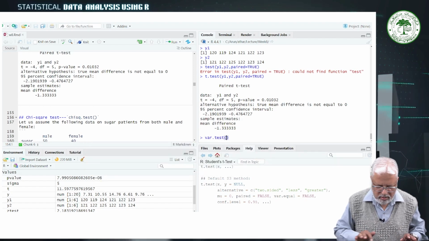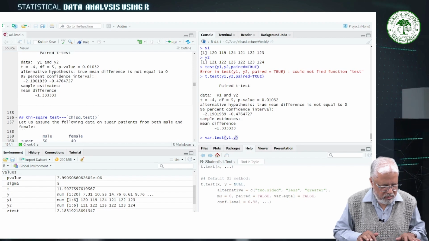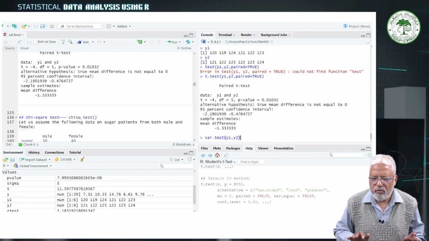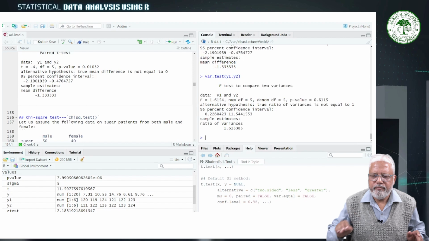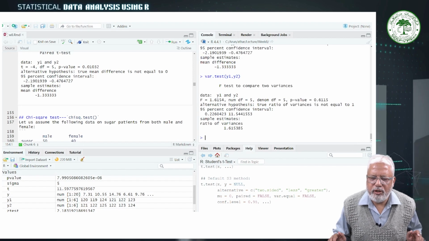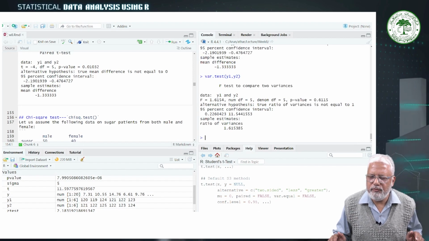So, var.test is nothing but y1, y2, and this is the result. The calculated value of F statistic is 1.61.